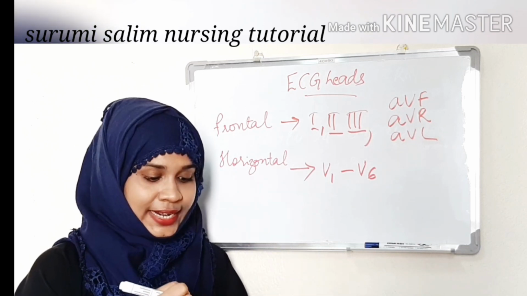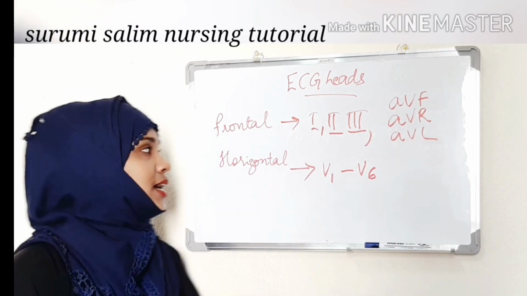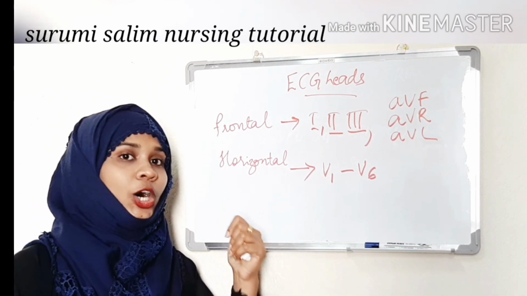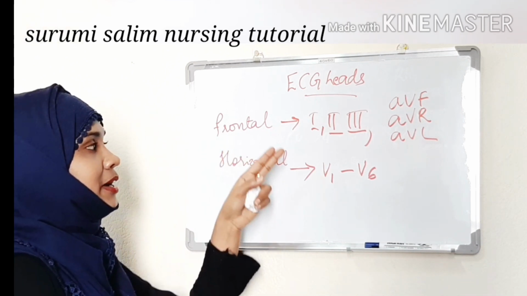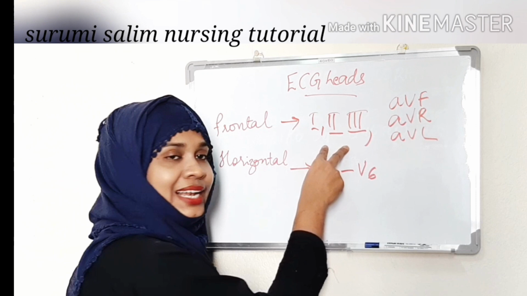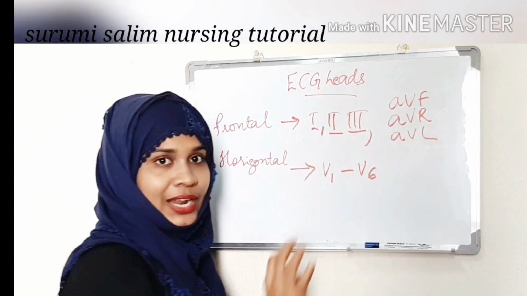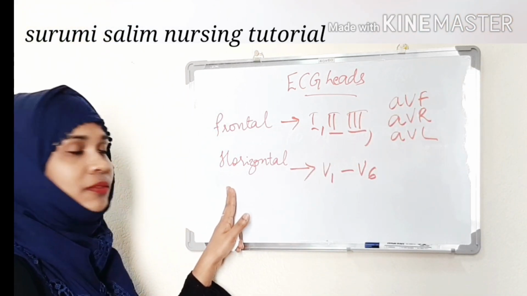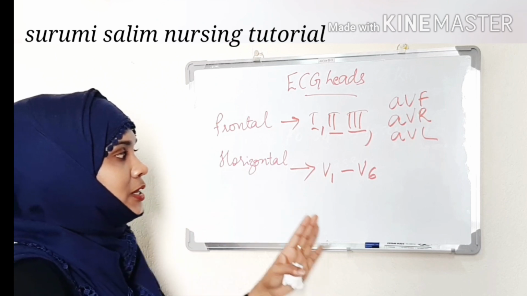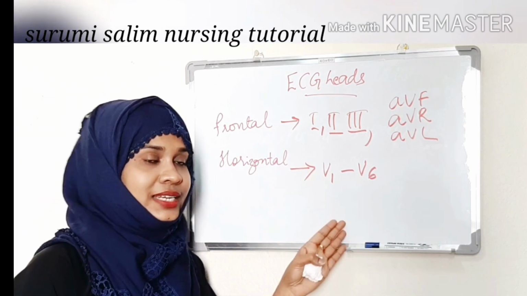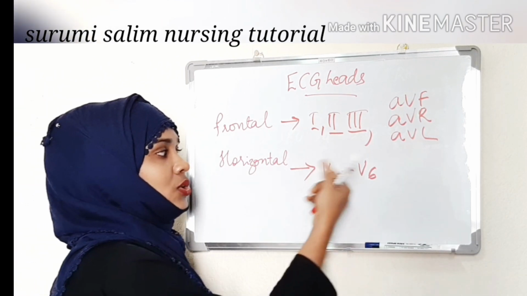So the frontal plane uses 3 bipolar leads and 3 unipolar leads, and the horizontal plane uses the chest leads or precordial leads, from V1 to V6.